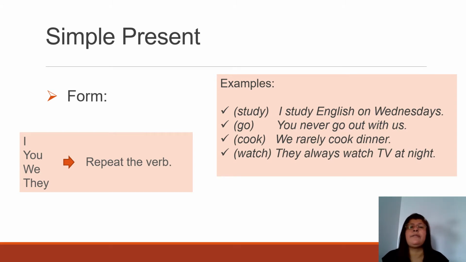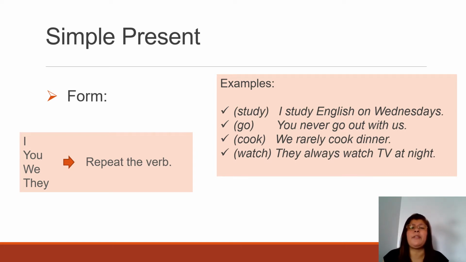Let's talk about the form of the simple present. Pay attention. When you have I, you, we, or they, we are going to repeat the verb. We have the infinitive form of the verb without the particle to, and we repeat that form.